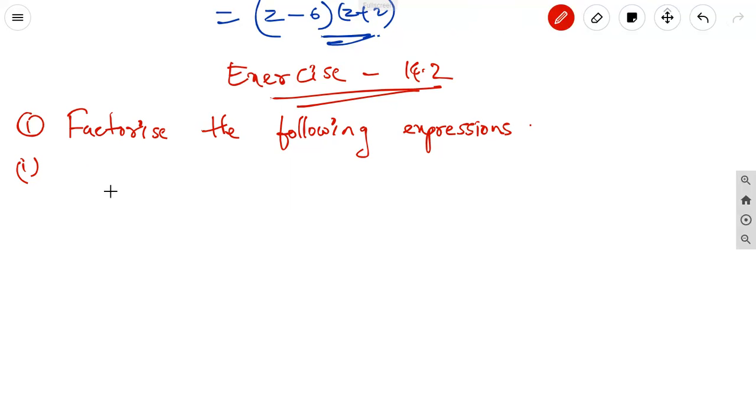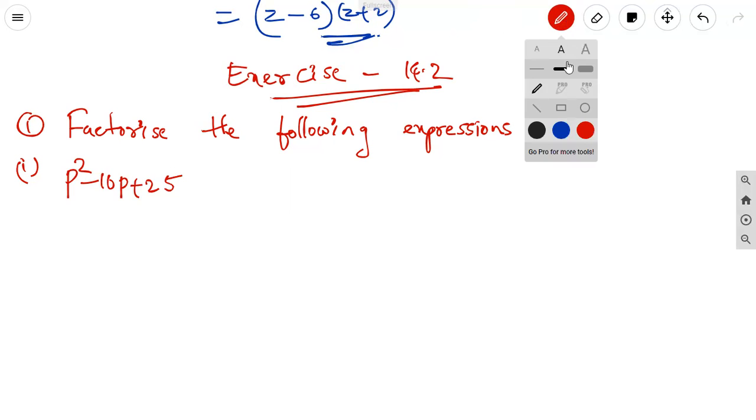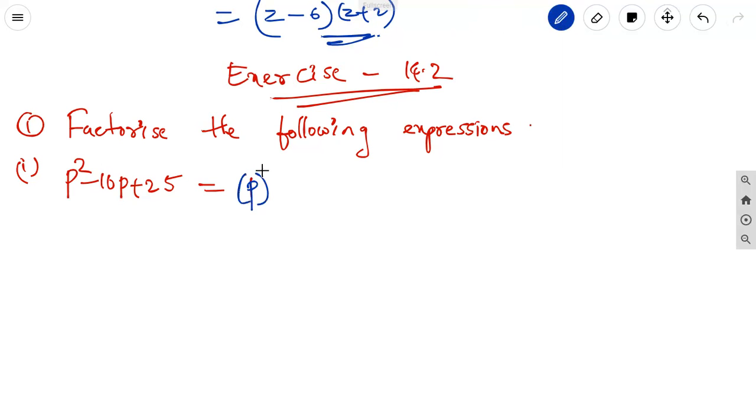The second question is p square minus 10p plus 25. Just we can observe it. P square, here we write p whole square. 25 we write as 5 whole square, minus 2, where a is p, b is 5.